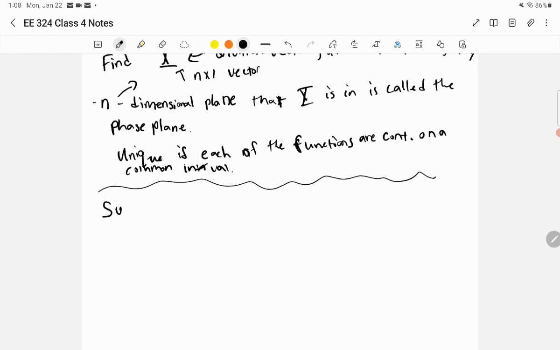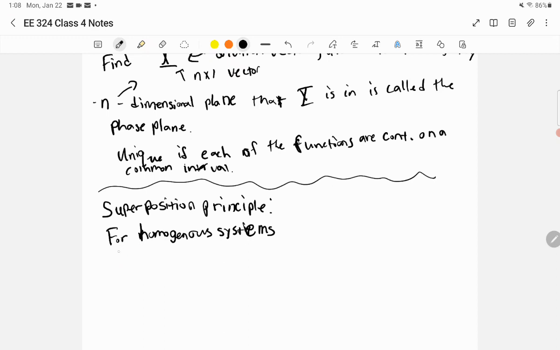Now, you should remember that we had something called the superposition principle before. That's going to come back. And in this case, for homogeneous systems, we should have n unique solutions, where n is the size of that vector, right?